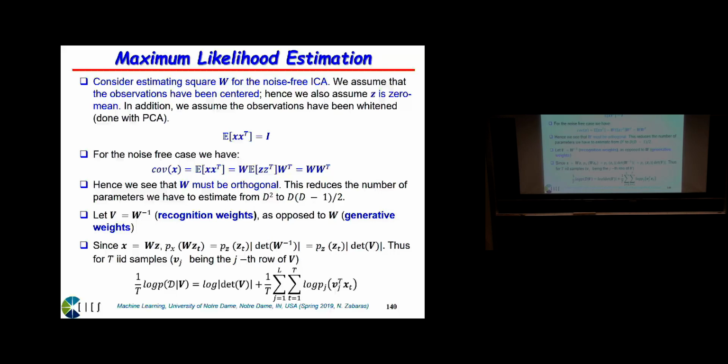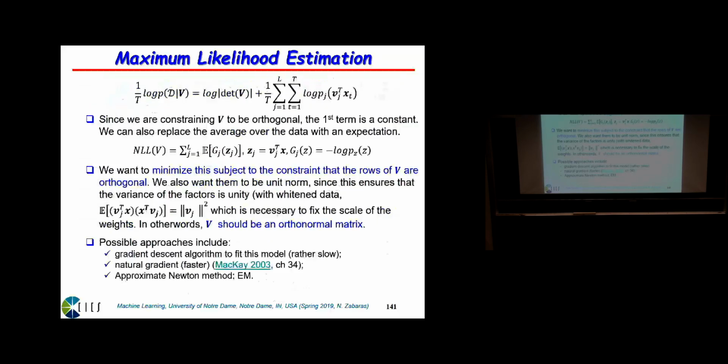This gives me the distribution of Z, but what assumption on Z allows me to write this as the log probability of the first component, the log probability of the second, the log probability of the third? Independence. Okay? So effectively the independence of the Z allows me to do it like this, all right?